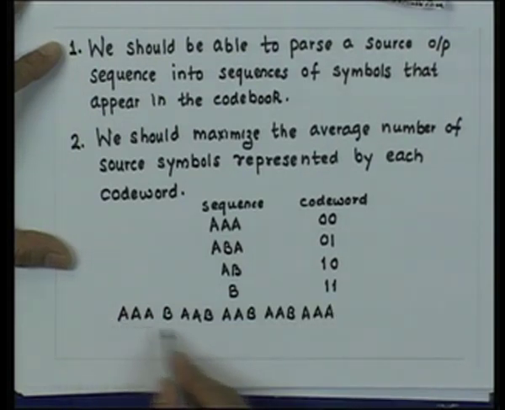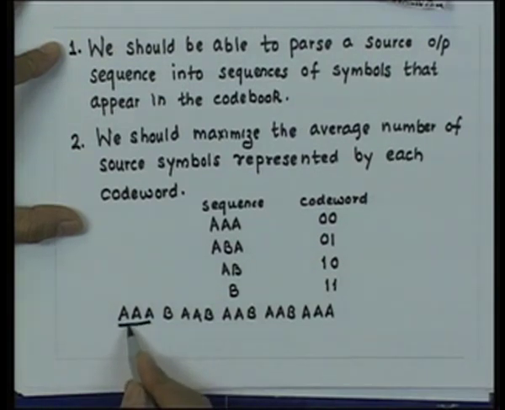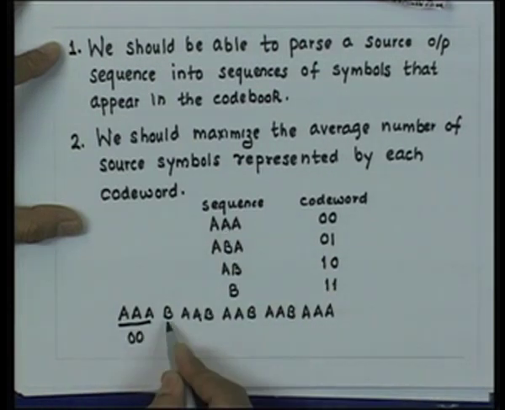If we take this source output sequence, the first thing we should do is parse the source output sequence into subsequences of symbols that appear in the code book. So, if I get this, I can parse it like this. For 00, because it is available here in the code, I can give 00. For B, I can put 11.